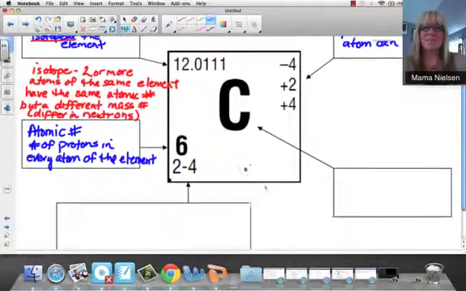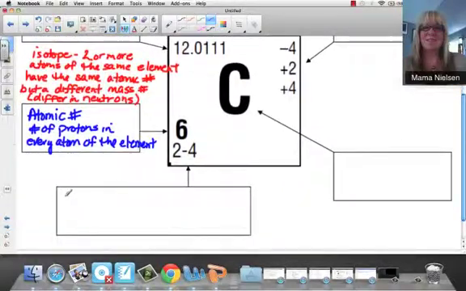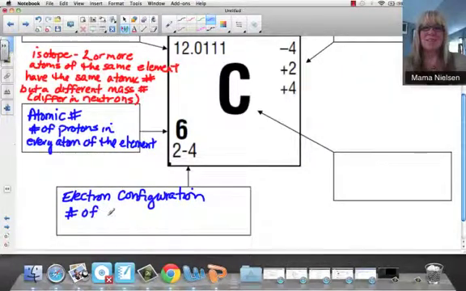Let's move down. On the bottom here on the left, we have what's called the electron configuration. And what this value shows you, the 2, 4, is the number of electrons, and here's the symbol for electrons, e minus, in each energy level.